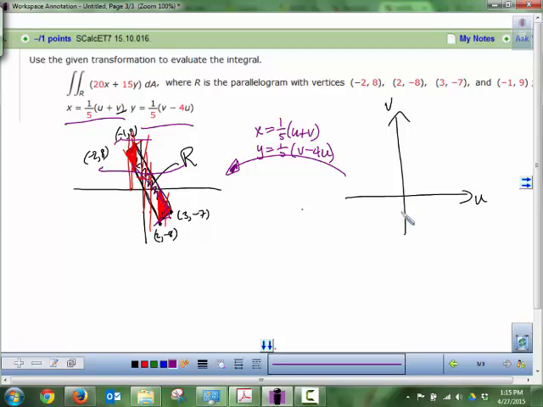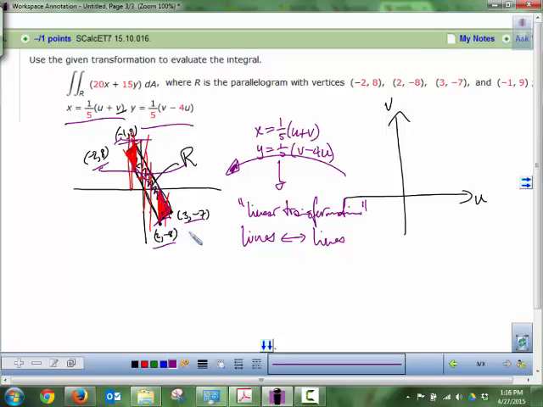So, linear transformation, let's write that down. Linear transformation maps lines to lines. What that's going to buy us is that all we need to do is figure out where each of these points go.